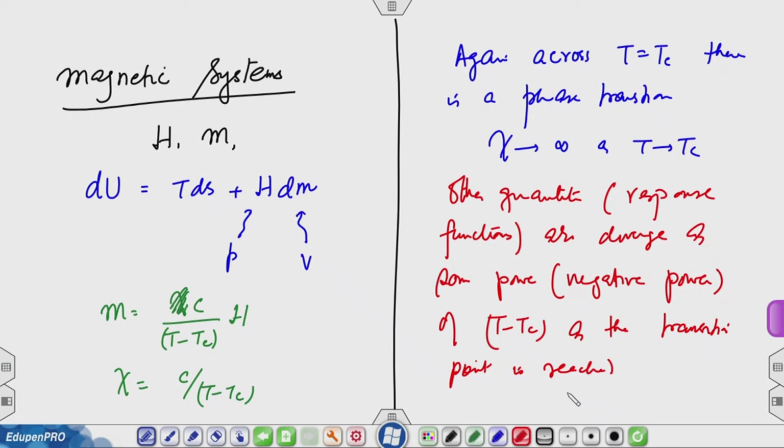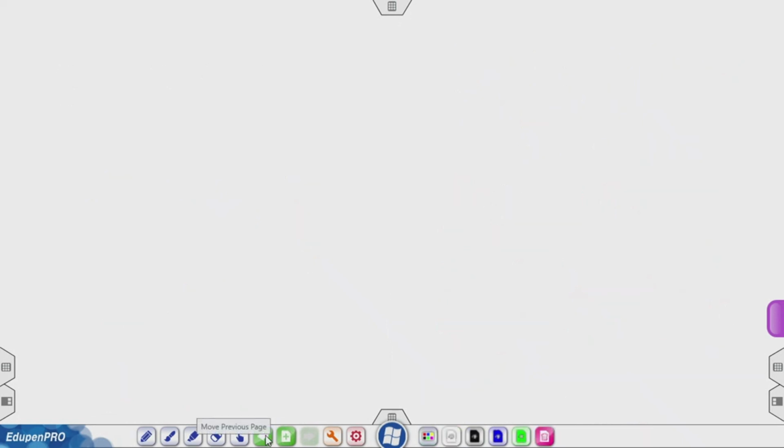So, near Curie temperature there is a divergence, that is also related to critical phenomena. So, with this I just gave you a small introduction to critical phenomena.